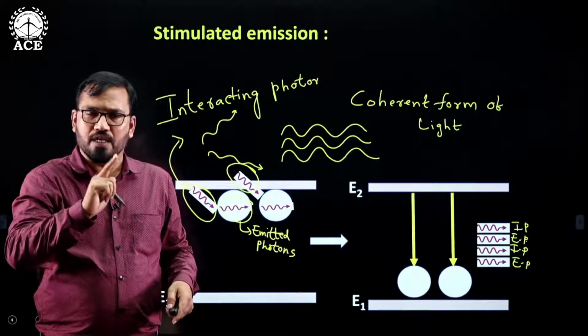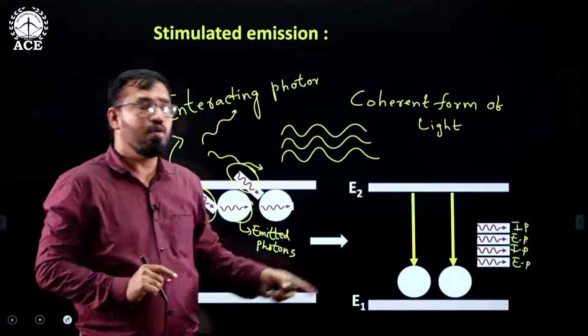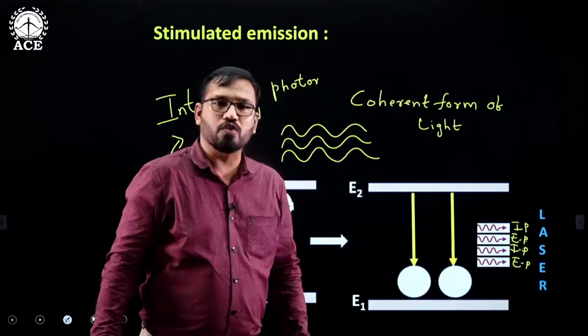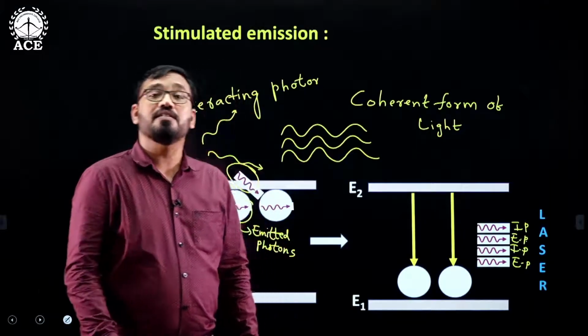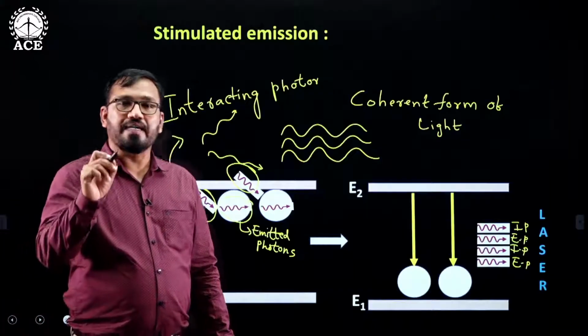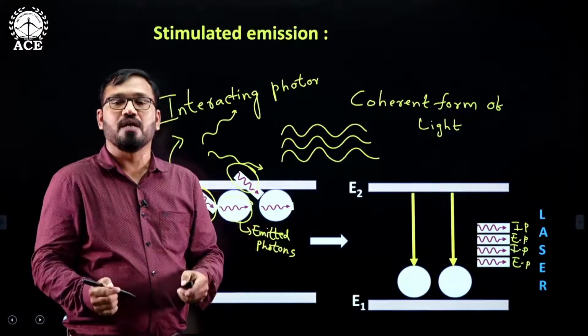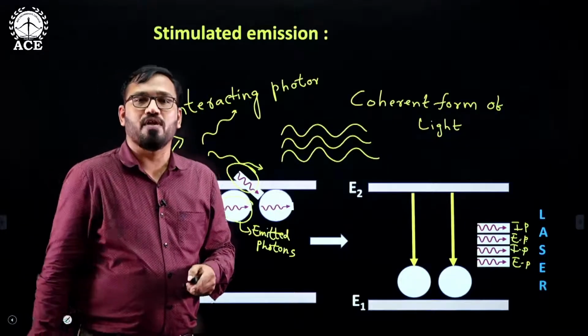So ordinarily in spontaneous emission, what are you getting? Polychromatic light. And in stimulated emission, what are you getting? See here, laser. So the definition itself says it. What is the abbreviation of laser? Light Amplification by Stimulated Emission of Radiation.